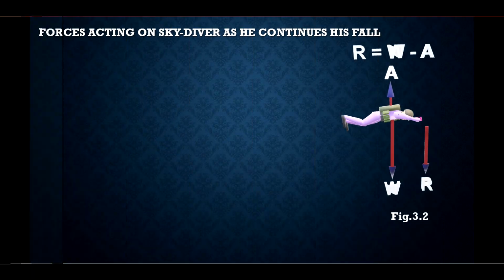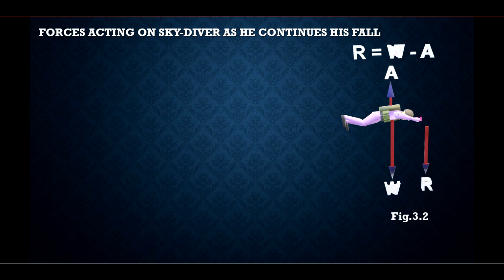As the skydiver accelerates downwards, air resistance, which increases with increase in speed, starts to act in a significant way. In figure 3.1, we saw no air resistance acted. In figure 3.2, we see air resistance acts.